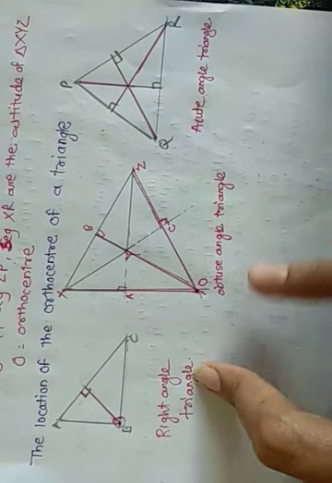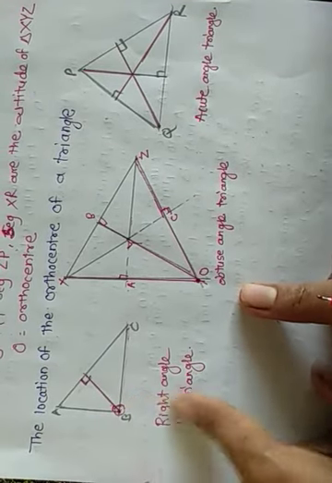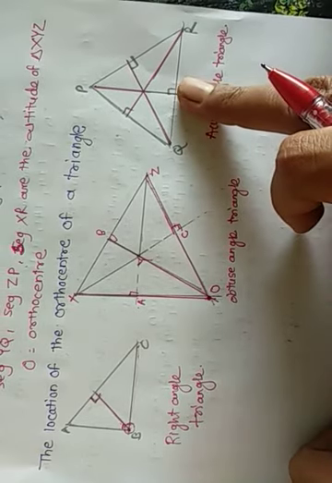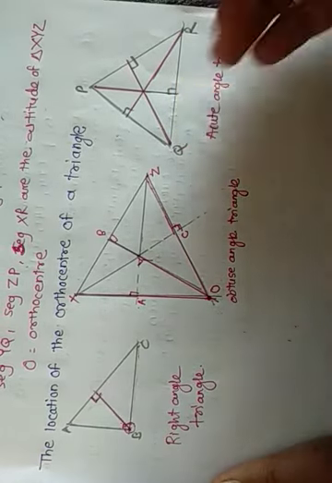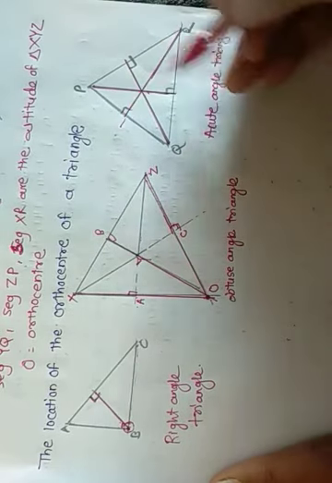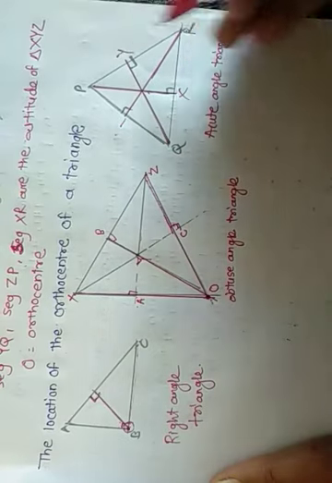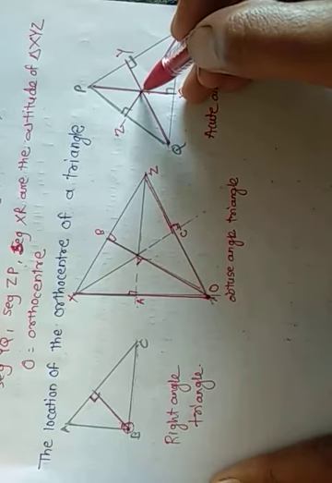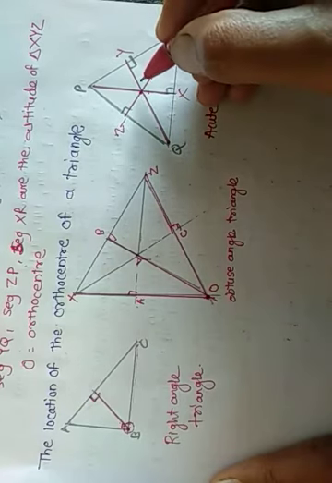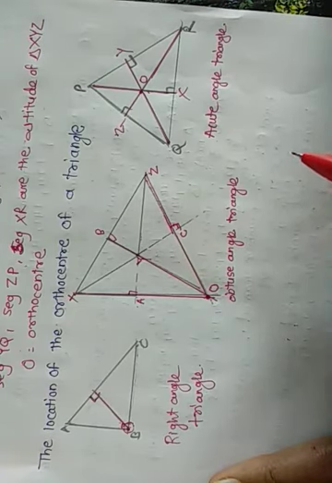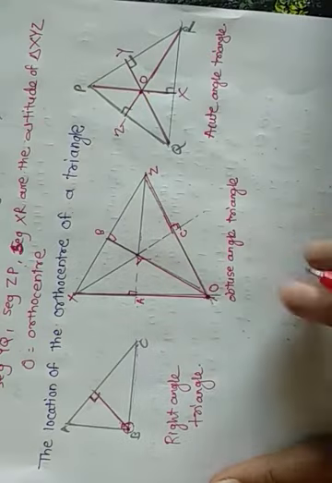And right angle triangle means one angle is 90 degrees. So in an acute angle triangle, if you draw the altitudes from the three vertices of the triangle, these are the altitudes, and these altitudes are concurrent. So the orthocenter of an acute angle triangle is in the interior of the triangle, means inside the triangle.